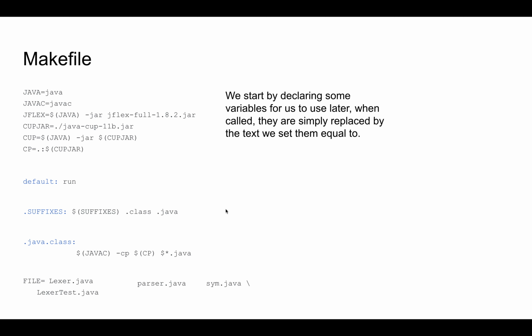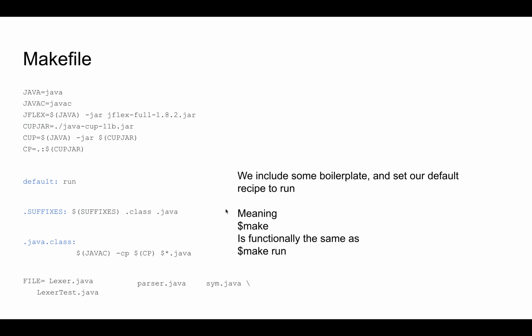So at the header part, we declare some variables that we're gonna use later. So we define the Java, Javac, JFlex, and cup jar, and then we have a list of recipes.